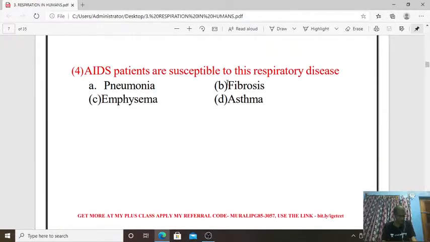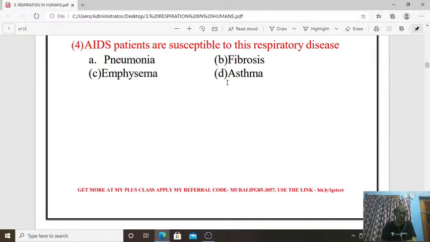Next, fourth one. AIDS patients are susceptible to this respiratory disease in highest percentage. So HIV patient or AIDS patient are susceptible to which disease? That is pneumonia.